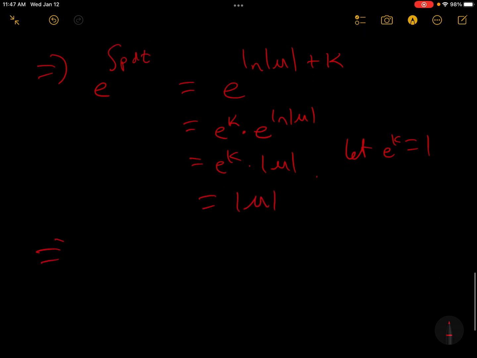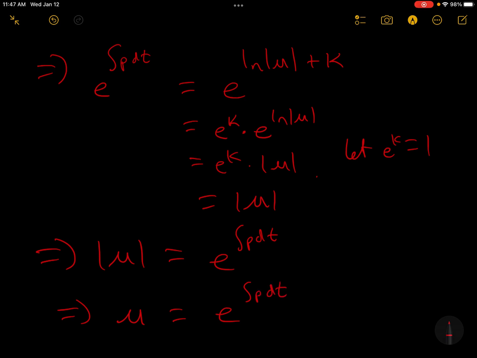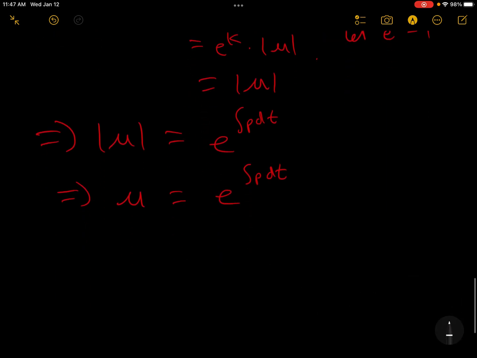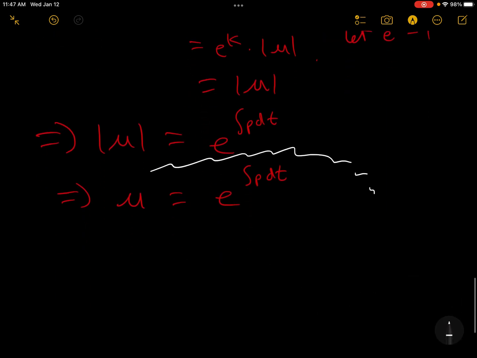And sure enough, we solve for mu. And since e to any power is always positive, this goes back to this. So mu is equal to e to the integral of p dt. And this is what we were looking for.